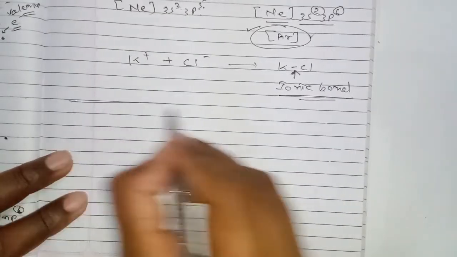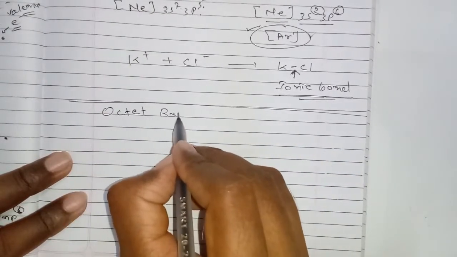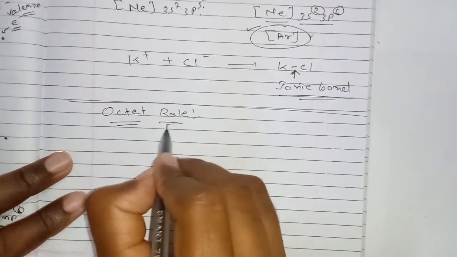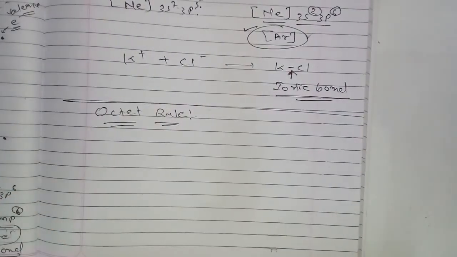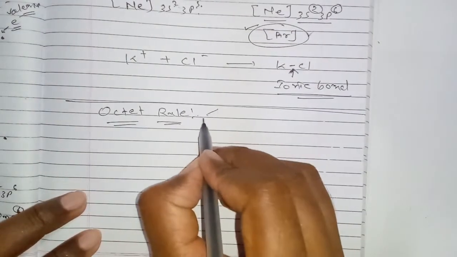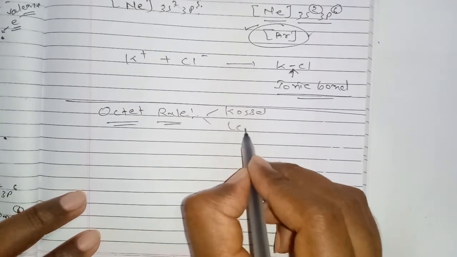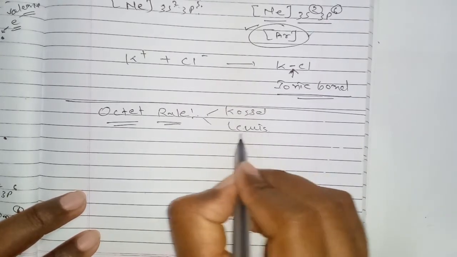Now the second concept is the octet rule, and this rule is given by Kossel and Lewis.